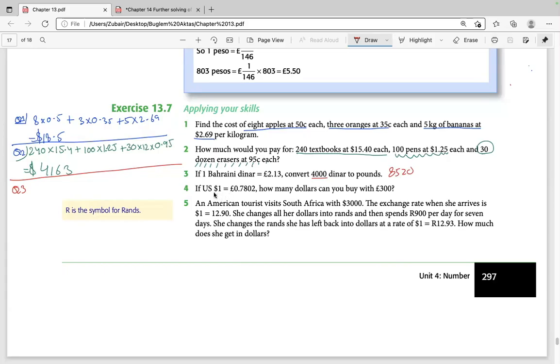If 1 US dollar is equal to 0.7802 pounds, how many dollars can you buy with 300? 1,685.2.